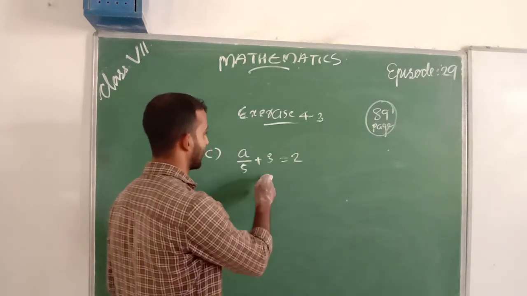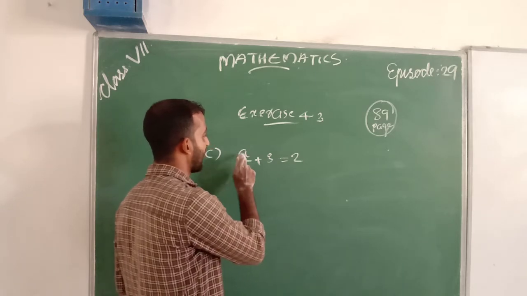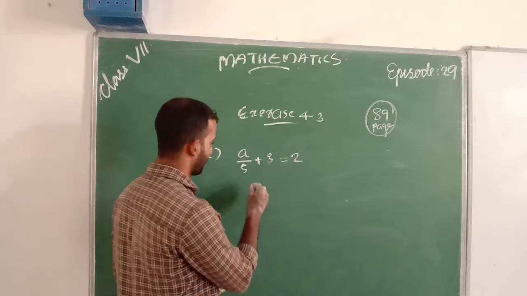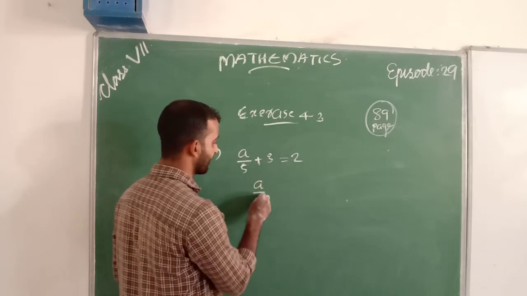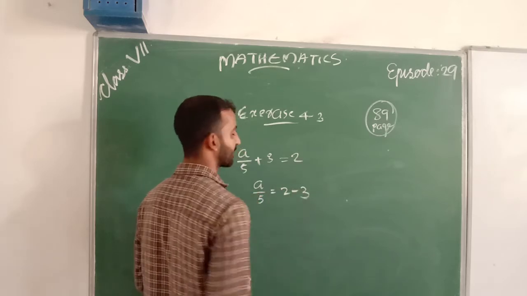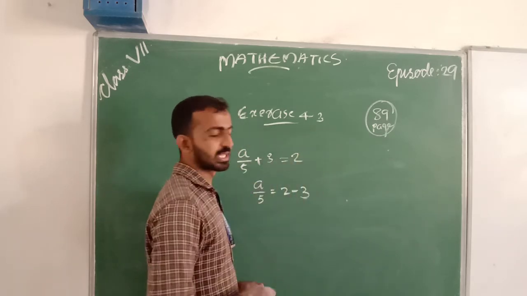You want to find the value of A, the solution. First, A by 5 equal to 2 minus 3, that is, 3 is transposing.